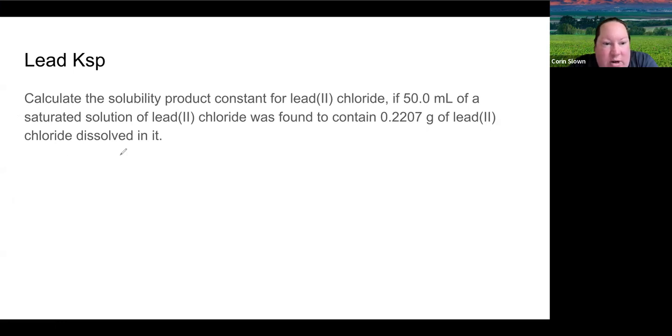So we're still going to start with the same process, though. Our process is we're going to write out our lead chloride, so PbCl2. That's a solid. Goes into, and again, we're forming our lead ion. In this case, it's always going to be Pb2+.